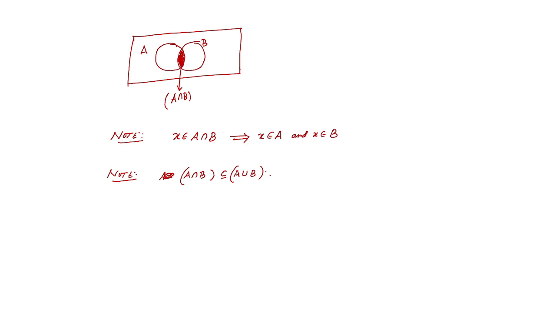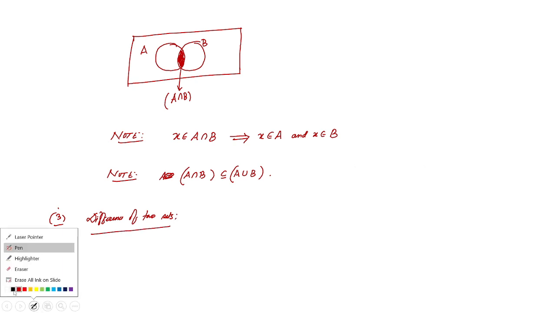Okay. Now we think about the difference of two sets. Next, concept 3, next operation, the difference of two sets. So here we can set an example for intersection and union, then we will continue with the difference.